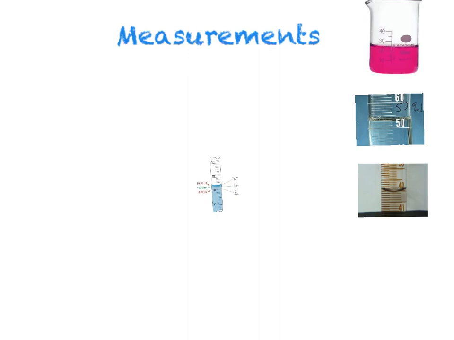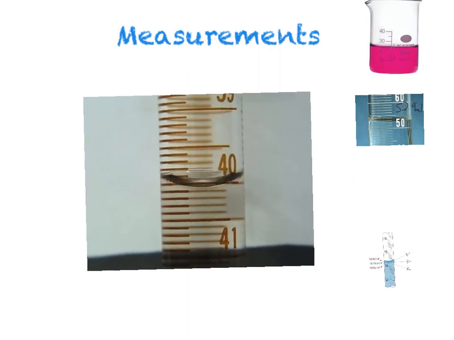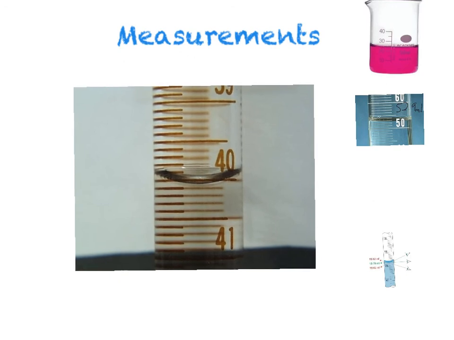Last type of measurement that I like to go over is a burette. Now, a burette is actually the opposite of a graduated cylinder. It's read in the opposite direction. So it is actually read from top to bottom instead of bottom to top. Numbers increase as you move down the burette, and that's because we let liquid out of the bottom.